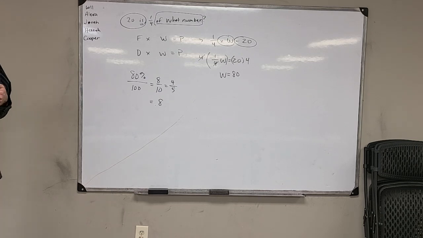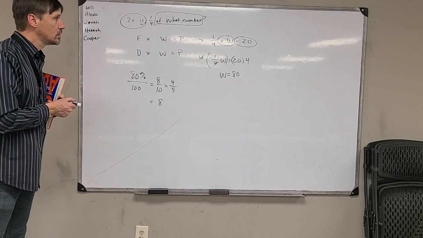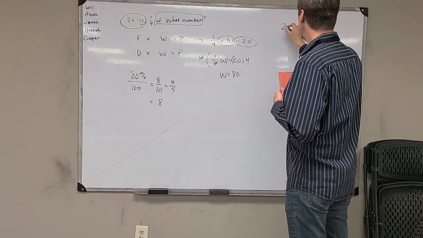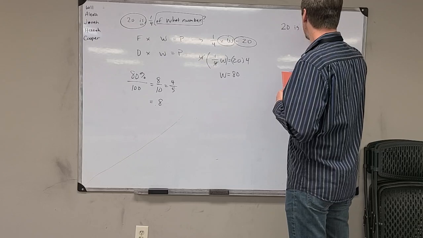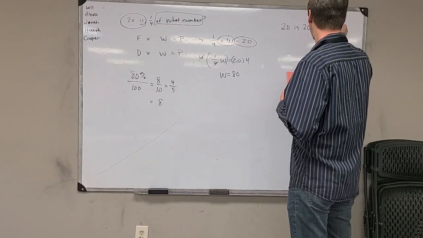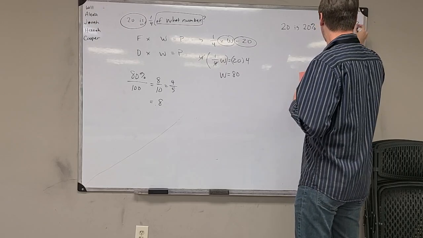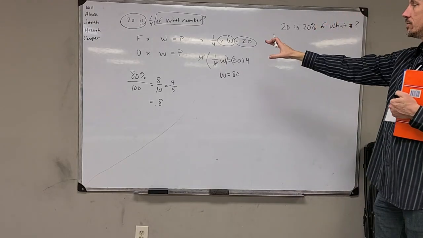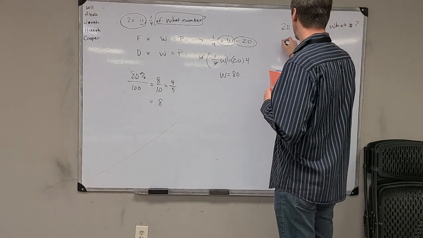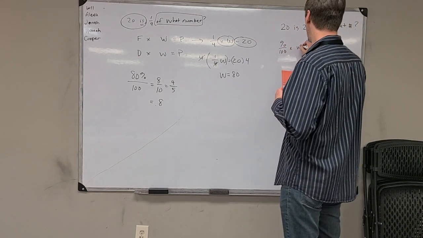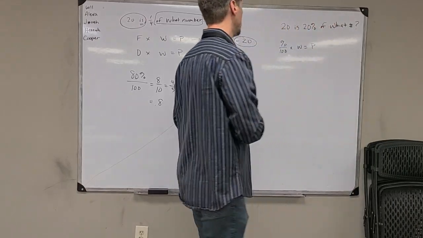All right? So when we're dealing with percentages, if I say 20 is 20% of what number, right? If that's my question, I'm going to use the exact same formula, but I'm going to say percent divided by 100 times the whole equals the part.